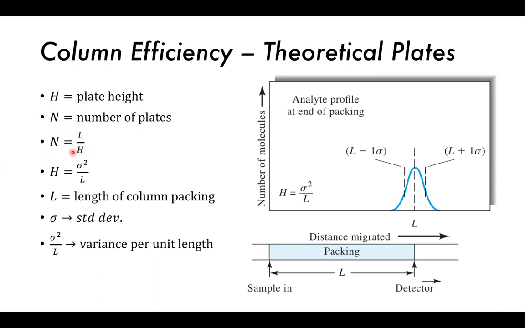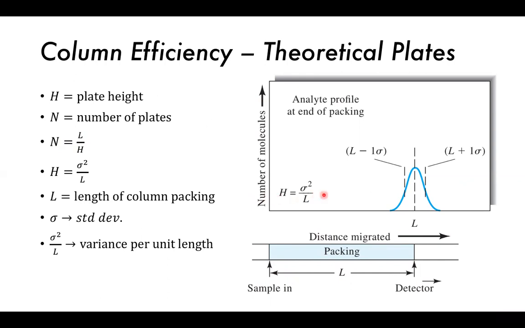So it's basically a number of divisions of the length L, where L is the length of the packing material. From sample in, the injection site, to the detector is given this value L, and the distance migrated is given here in terms of the distance between the sample in and the detector.